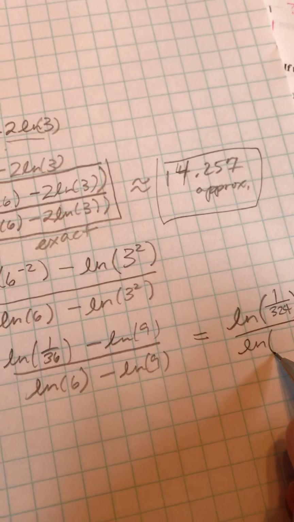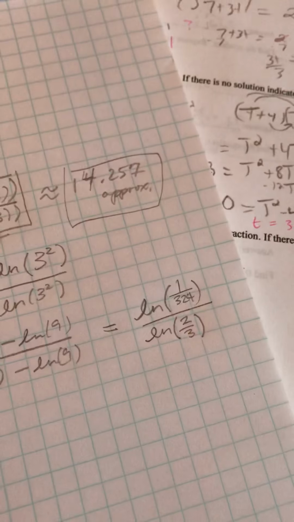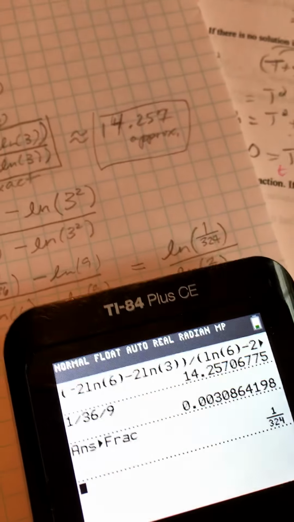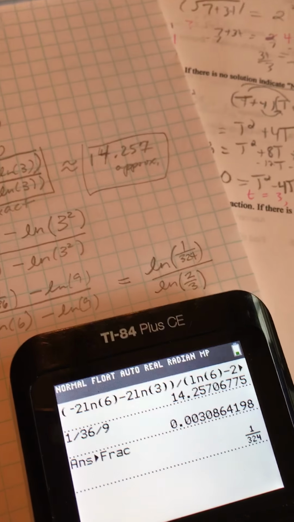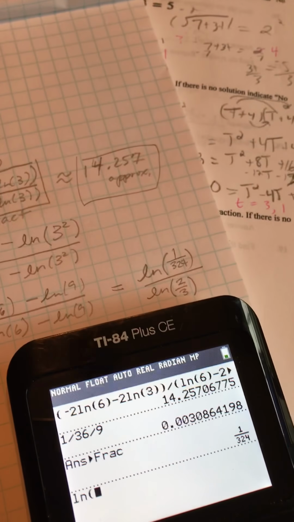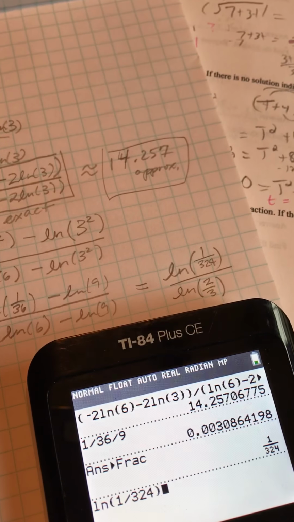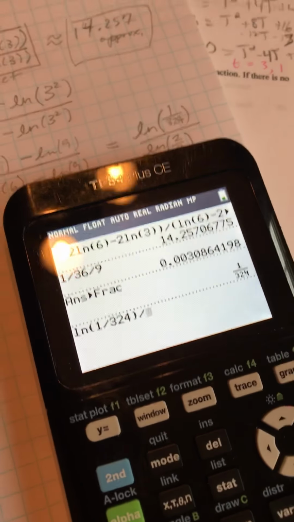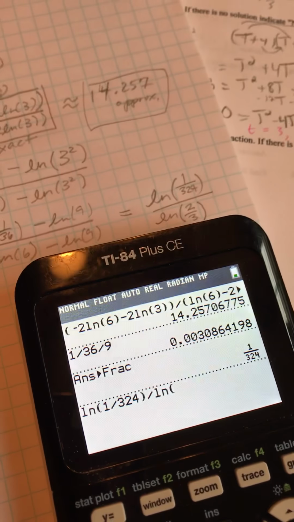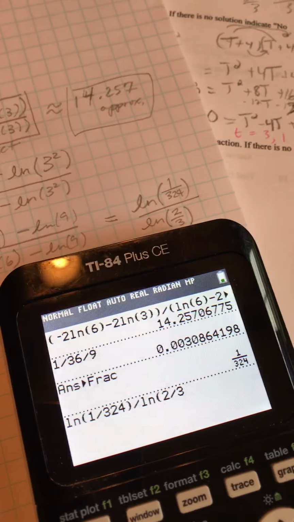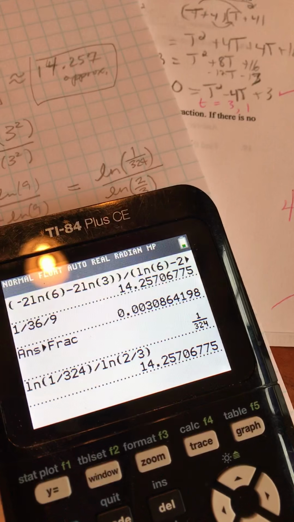And 6 over 9 is 2/3. So that actually should be the same decimal if you type it in. ln of 1 over 324 divided by ln of 2/3. And it's a lot easier to type in, so that's one benefit of those properties of logs. 14.257, same exact decimal.